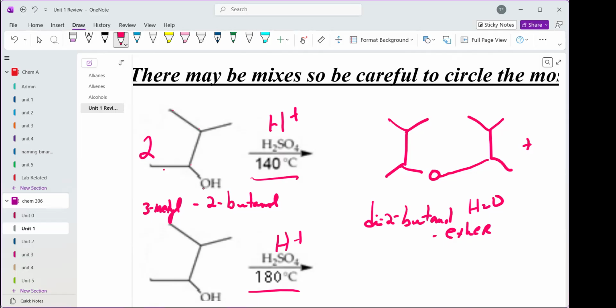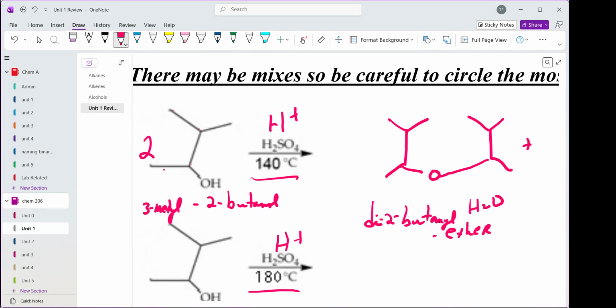And let's just use the common name for ethers because it can get really abstract if we use the alkoxy derivatives. Okay, so it's a di-2-butanol, not butanol, butyl, ether.